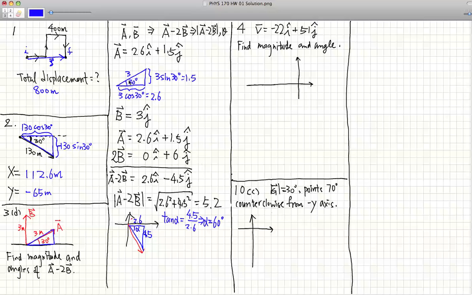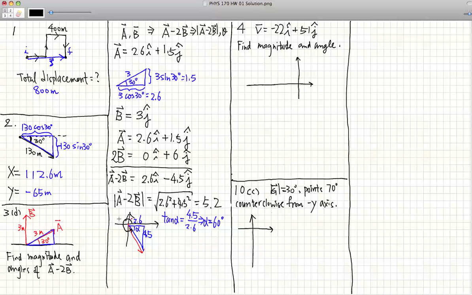If you have seen our earlier videos, you know we're not done yet, because alpha is not necessarily the angle theta that we are looking for. In this case, the angle that we want is the angle measured counterclockwise all the way from the positive x-axis to the vector. We know this is 60.